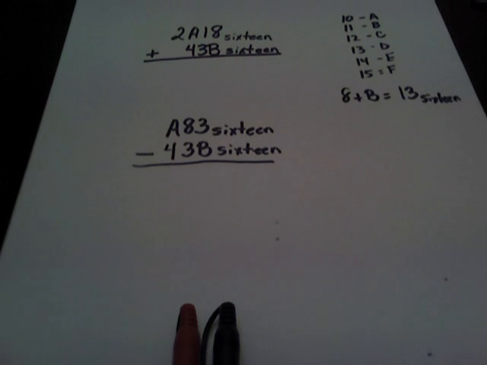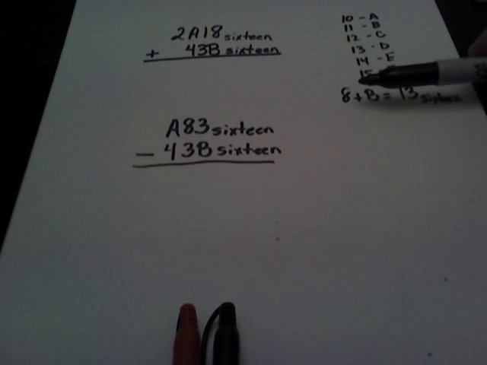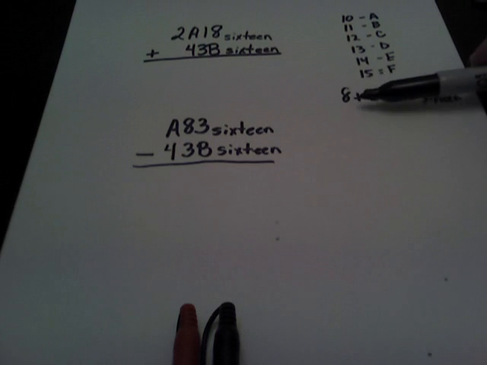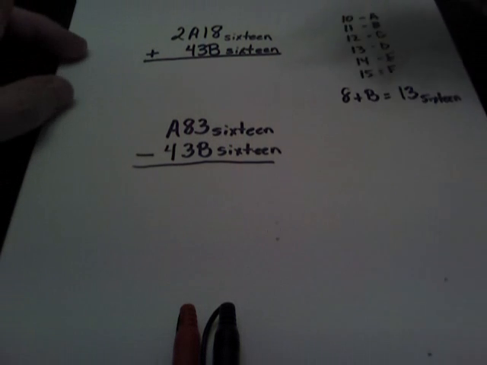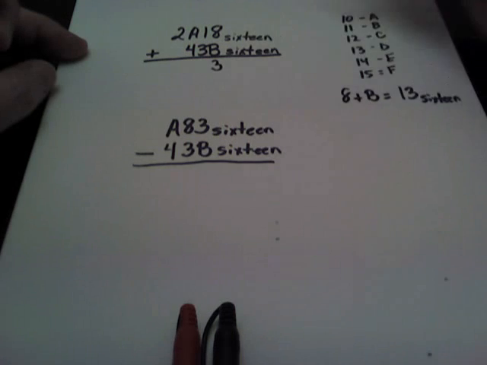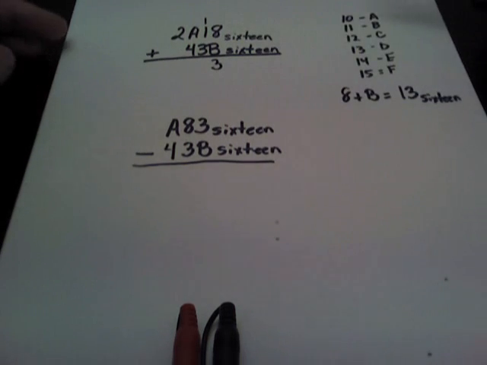Now you can double check that by taking a look at your chart, looking for 8 down the first column, and looking for B across the top row, and the sum of 8 plus B is 3. So we'll record a 3 in that first place. We will carry the 1.